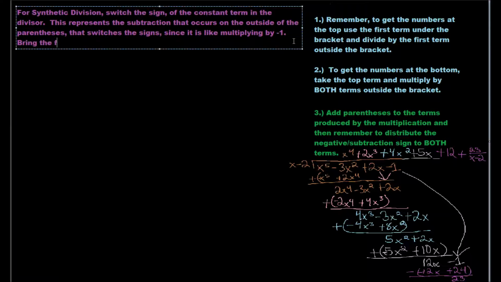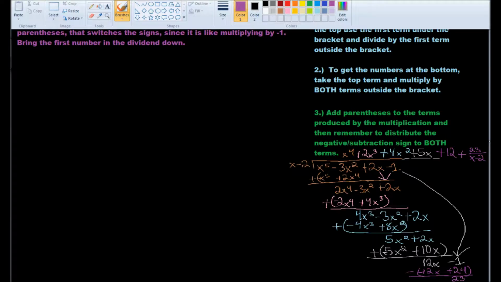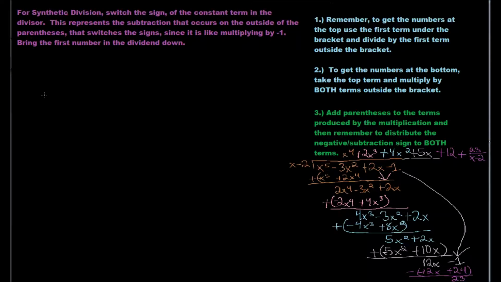Otherwise you'd have clutter. So for this you're going to set it up as 1 for x to the fifth, 0 for the missing x to the fourth, 0 for the missing x to the third, negative 3 for your x squared, positive 2 for your x to the first, and negative 1 for your x to the 0 power.